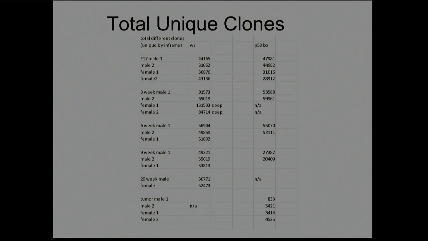Now I'm going to show you the top 2 clones in terms of numbers, which is the reciprocal of the unique clones. Okay? All right, so here's E17, the wild type. This is the percentage, 0.16, 0.17%. This is not the absolute numbers again, just to give you a different way to see it. This is the first clone, this is the second clone.